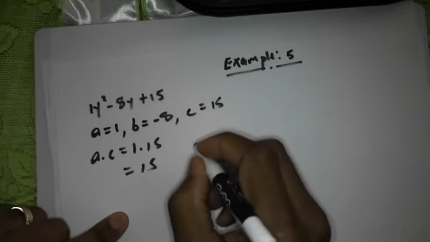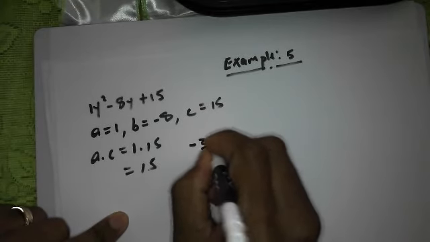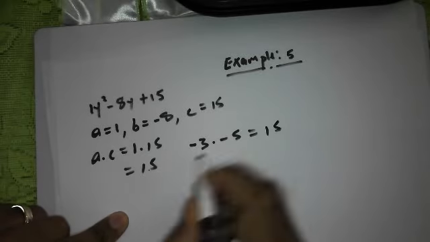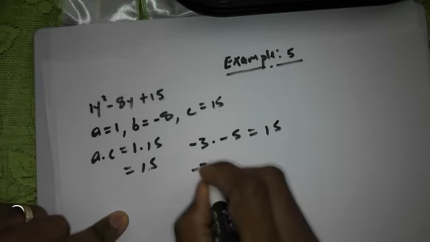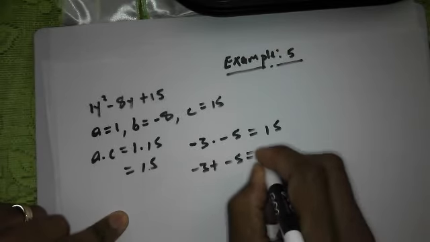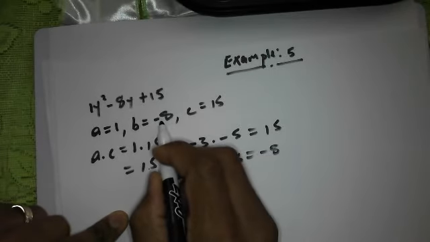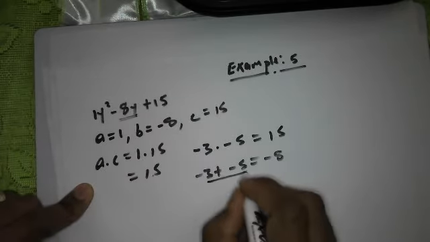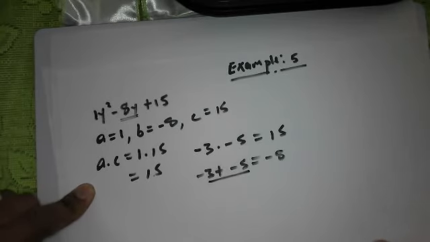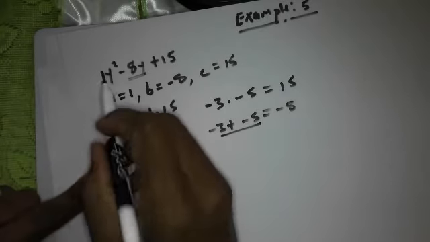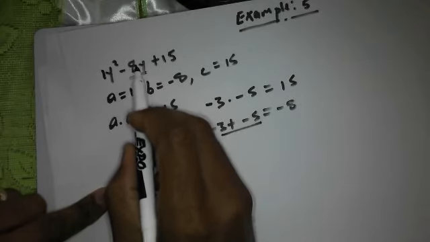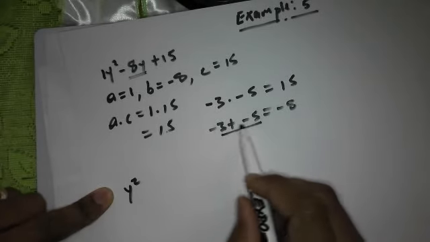So if we think about negative 3 times negative 5, that will still give us positive 15, which is this. But negative 3 plus negative 5, that is negative 8, which is this part here. So we're going to replace our middle term here with this factor here. So this will give us, let's write it, y squared minus 8y, but my negative 8y will take this form.